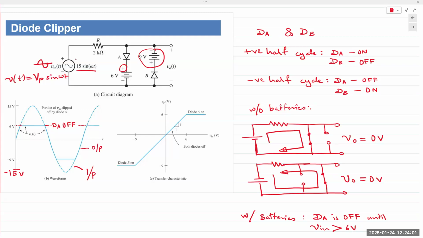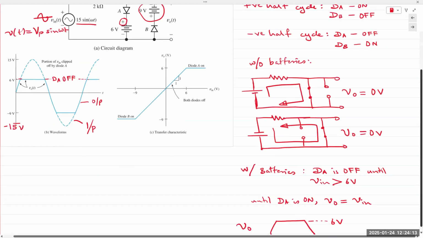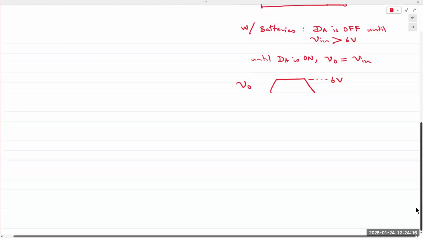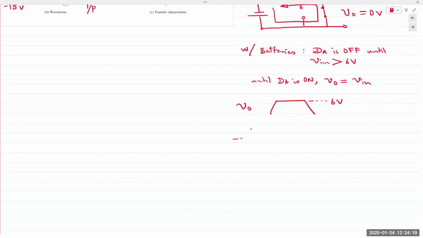But the same thing happens in the negative half cycle. In the negative half cycle, DA is always off, but DB is now connected to a 9-volt battery. So in the negative half cycle, DB is off until V in exceeds 9 volts, or actually I should say exceeds minus 9 volts.